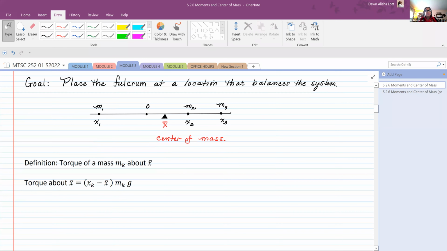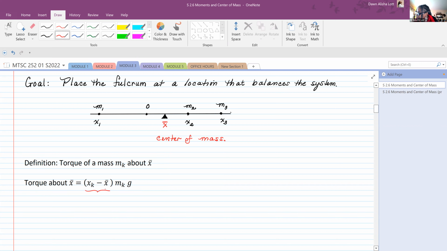Okay, so what we have is the torque of a mass mk about the center of mass. We can calculate that torque. The torque about X bar, which is going to be the center of mass, is to take the distance that the mass is from X bar, multiplied by its mass, and then of course use the gravity, because that's the gravitational force. That's the downward force. So this is a signed difference.